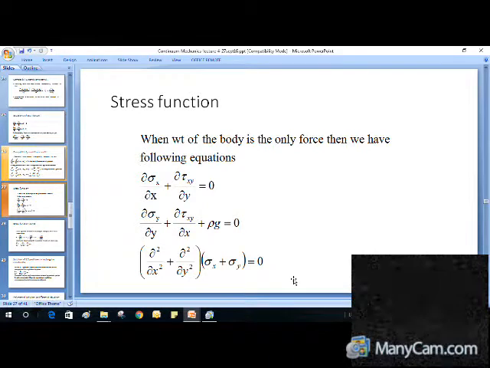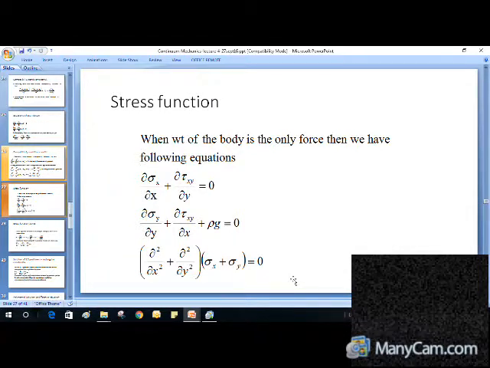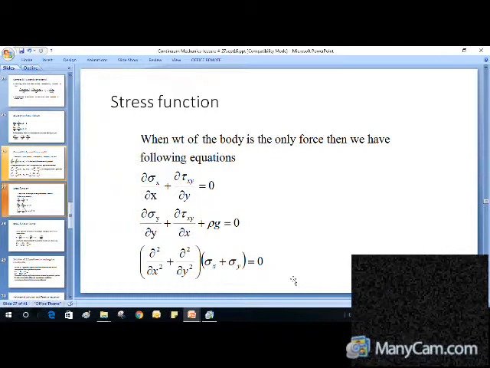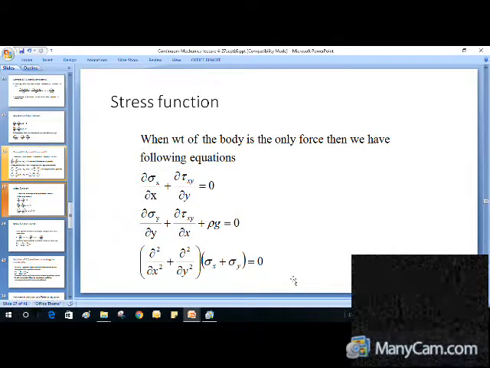The first two are the equilibrium equations, where if the force is applied, say I am taking the axis system xy, where y is my direction of gravity, vertical, and only the self weight is applied, the weight of the body, where rho is the mass density, that is mass per unit volume, then I will take the force applied per unit volume as rho into g, which is the weight.